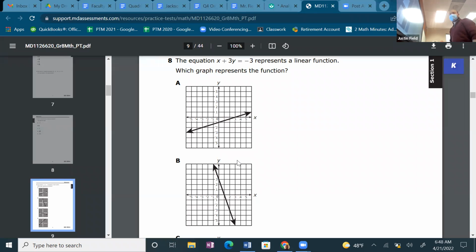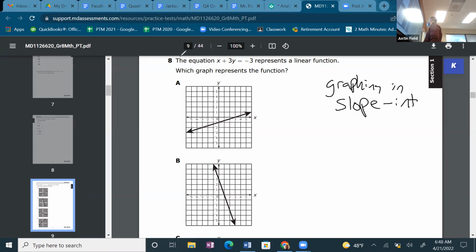So again, we use all the questions, not just to say, oh, the answer is A, but we use all the questions to tell us the different topics that will be on the test. So what topic does this tell us will be on the test? Graphing in both forms. Slope-intercept and standard.